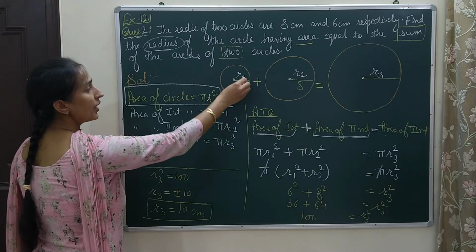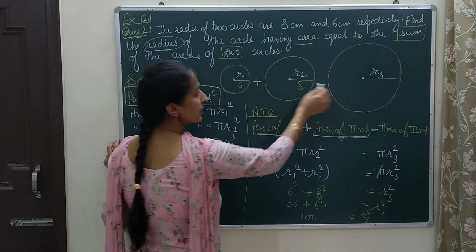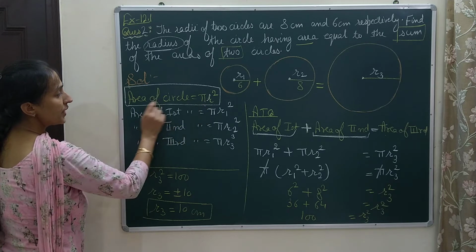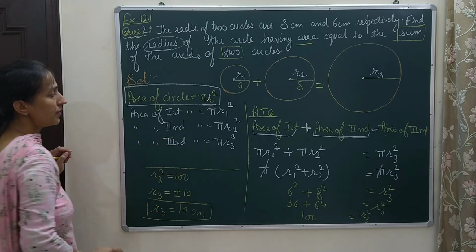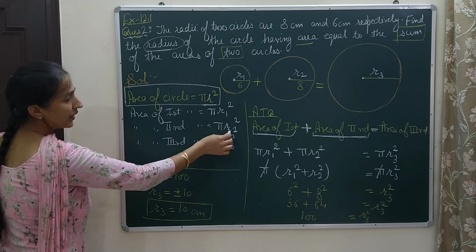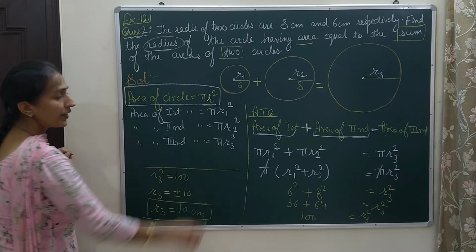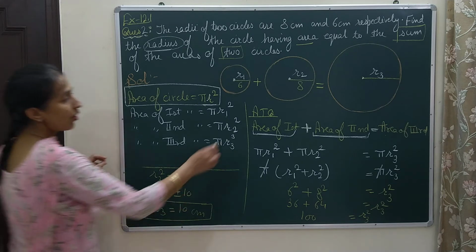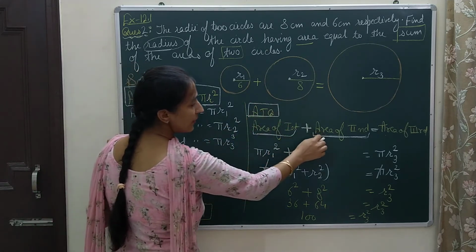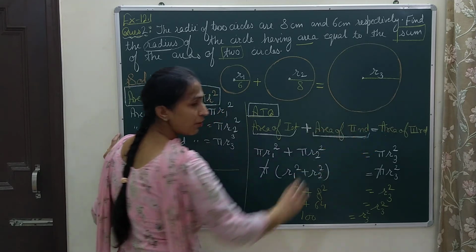I have written R1 for first, R2 for second, and R3 for third. Now I know the formula for the area of a circle is pi r square. For the first circle I can write pi r1 square, for the second pi r2 square, and for the third pi r3 square. According to the question, the area of the first plus the area of the second is equal to the area of the third.